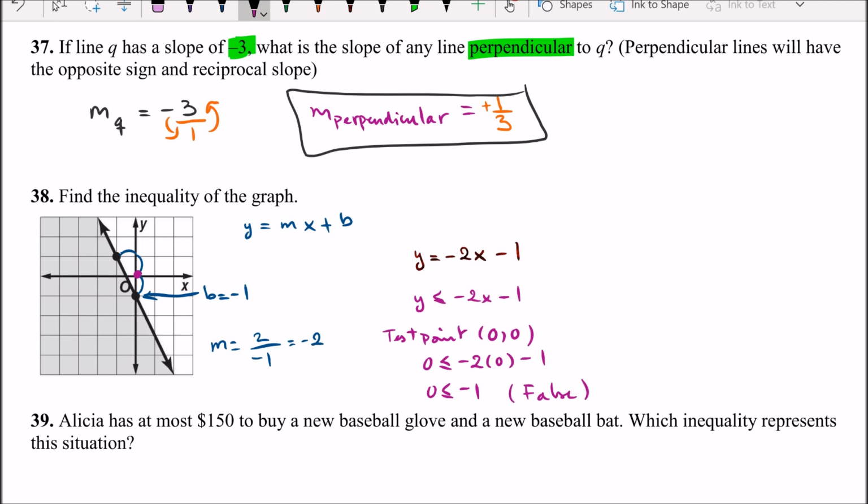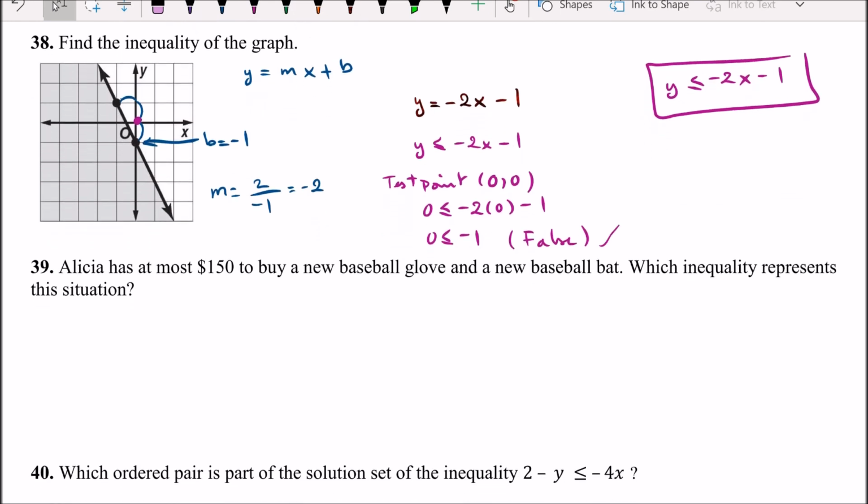So it is right, because 0, 0 stays in the unshaded area and is expected to give the false statement. So our equation was right. Y less than or equal to negative 2x minus 1. If this test point gives you a true statement, then we have to flip the inequality sign to the opposite direction. Okay. Number 39.